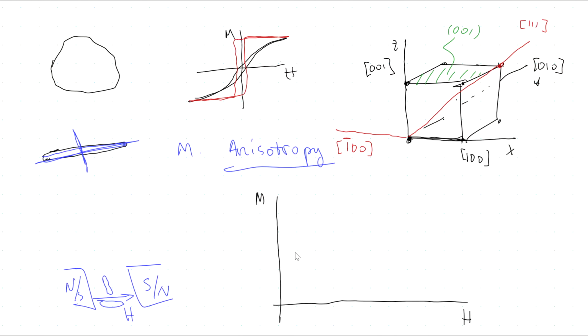It turns out that if we measure it along the 1, 0, 0 direction, which means this one, then it magnetizes pretty quickly.